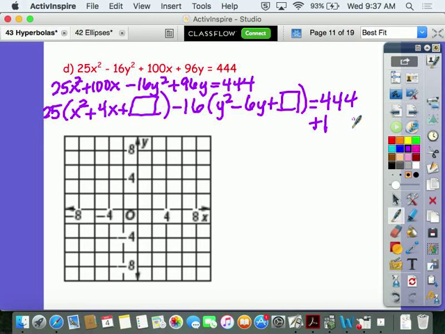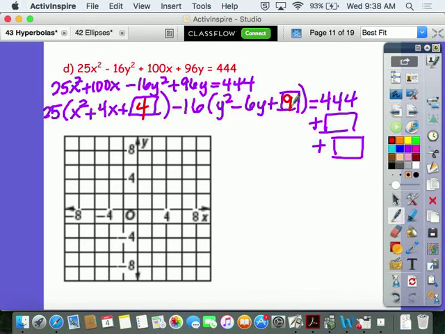We're going to add to both sides. So let's complete the square. Half of 4 is? 2. Squared is? 4. Negative 6, half of that is? Negative 3. Squared. 9.